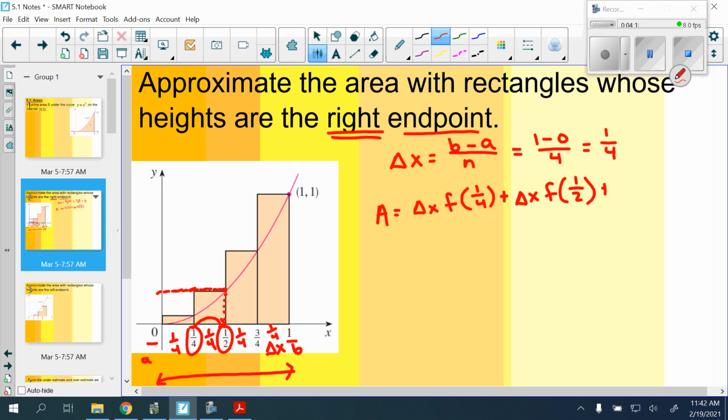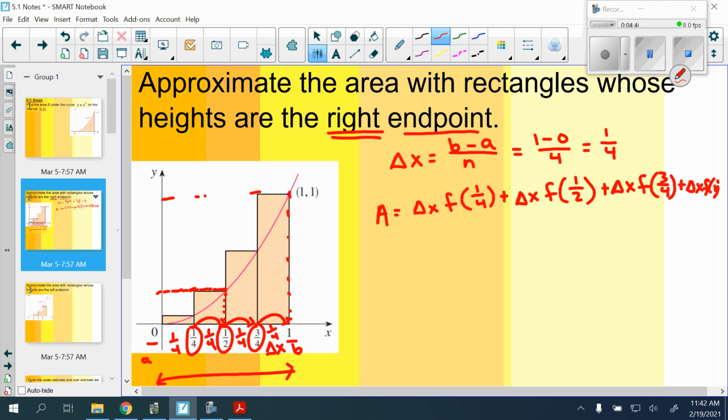If we keep going here, the next one's going to be change in x times the function value. So now if we add another fourth to a half, we're at 3/4. So it's going to be the function value at 3/4. And our last one here would be change in x. And if we add 1/4 onto that one more time, now it's the height at 1. So it'd be f of 1.